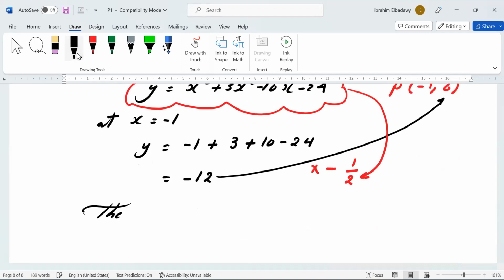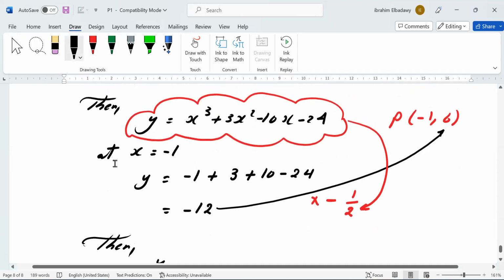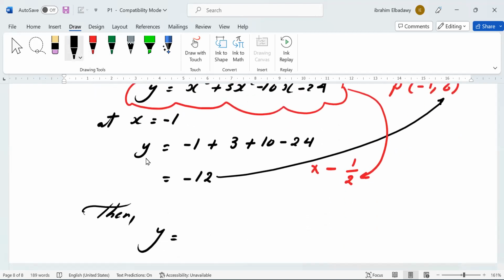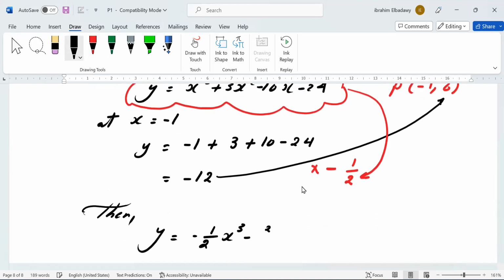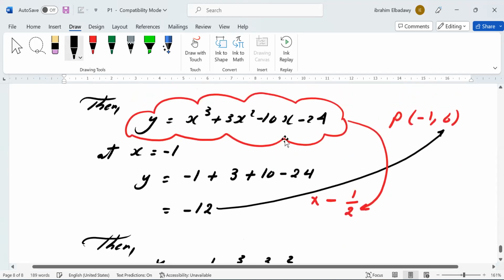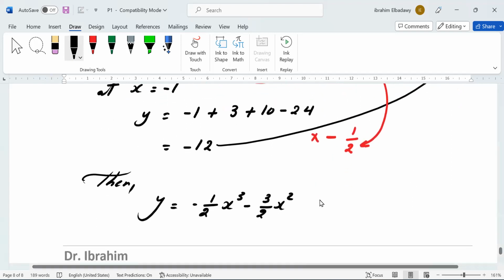The answer is y equal to, instead of x cubed, negative half x cubed. Instead of 3x squared, it will be negative 3 over 2 x squared. Negative 10x times the negative half will be positive 5x.